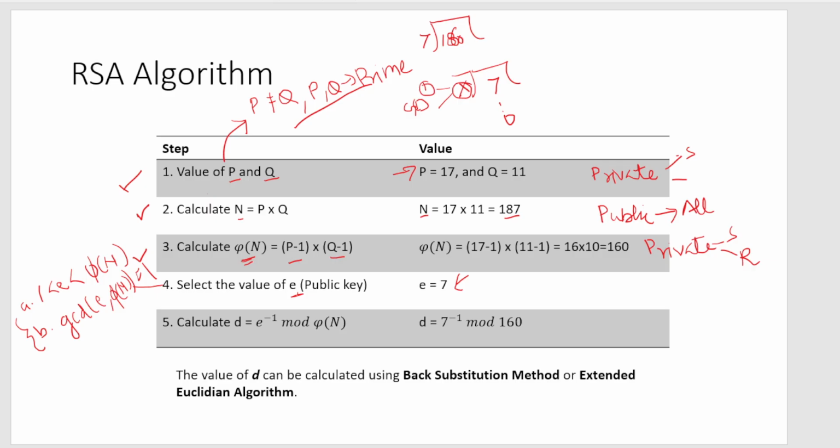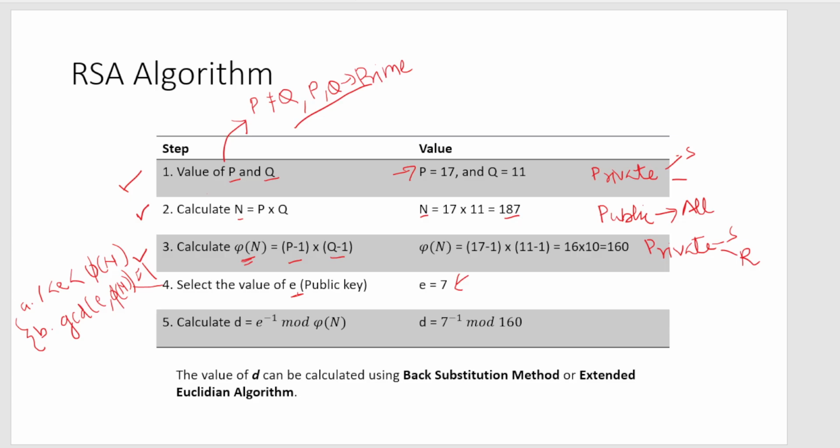This is the division method that you studied in school, which tells you how we find the GCD of two numbers. We can use any method to find the GCD, but we should verify these two conditions. Then only can you select a value called E.